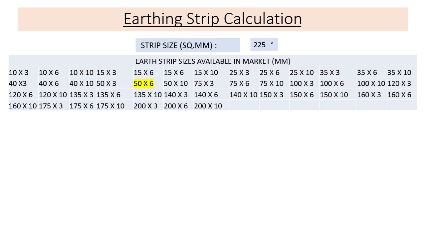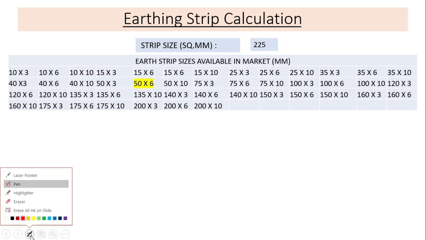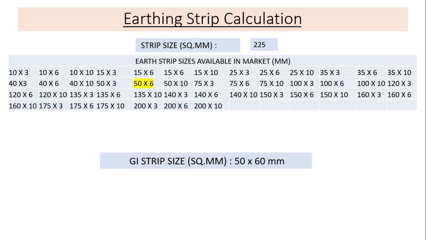So we must go for this strip size: 50 is the width of the strip and 6 means 6 mm thickness. So finally our calculated GI strip size is 50 by 6 mm.